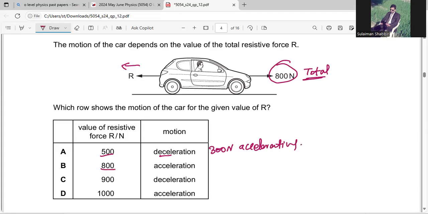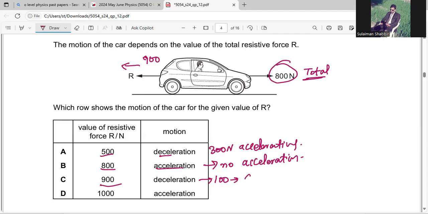If 800 newtons is resistive against 800, both cancel out. There is no acceleration, so it would be constant speed. So this is also not possible. If I go with 900, then 900 minus 800 is 100 newtons still available, which is being used along the friction.